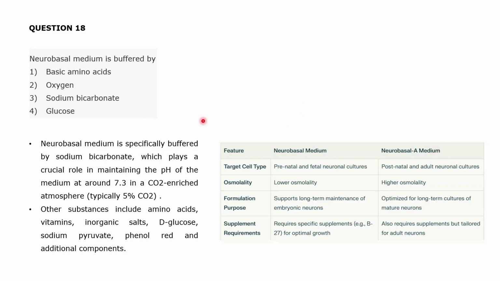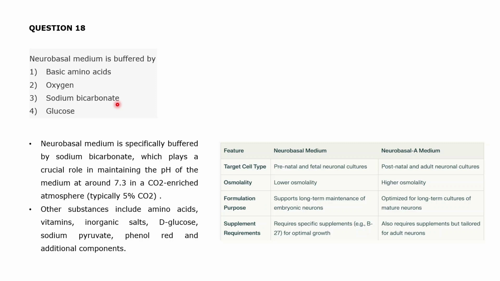And if you are looking into the buffering capacity of sodium bicarbonate, you can see that if the pH is getting higher within the media due to the metabolic release of protons or any other components, then this sodium bicarbonate releases bicarbonate ions that combine with protons present within the media, which have been produced in excess, thereby making the media optimum at a pH of about 7.2.